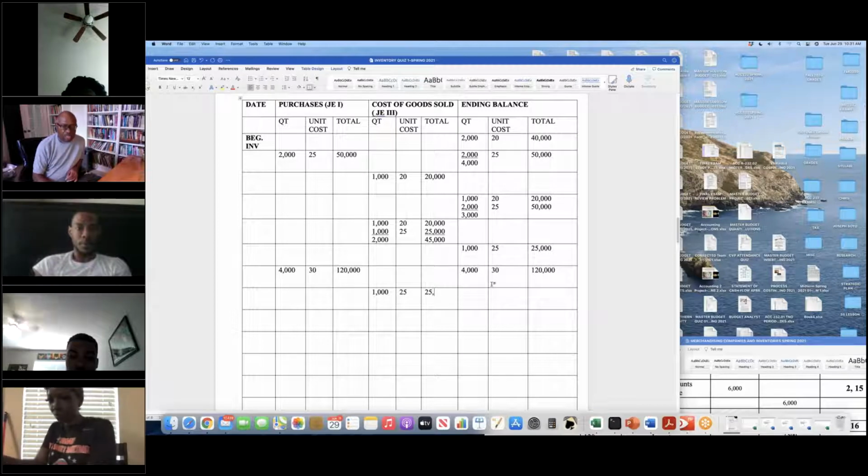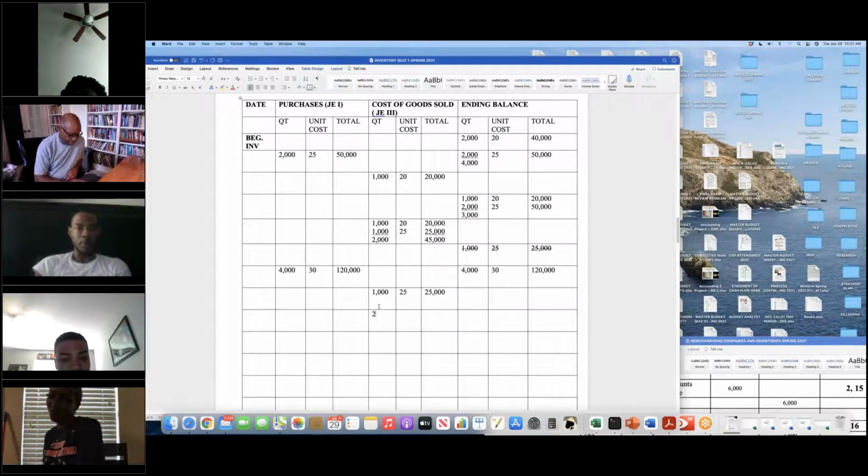So that's 5,000 all of those are gone. Then, since we sold 3,000, we're gonna sell 2,000 at 30 for a total of 60,000, giving our COGS a total of 85,000.